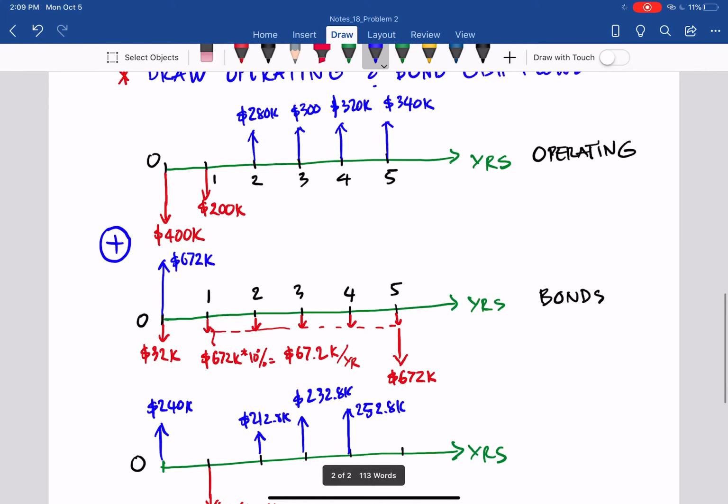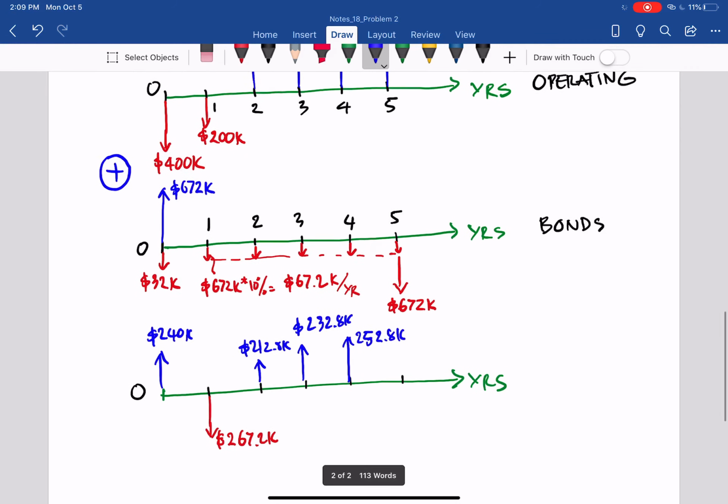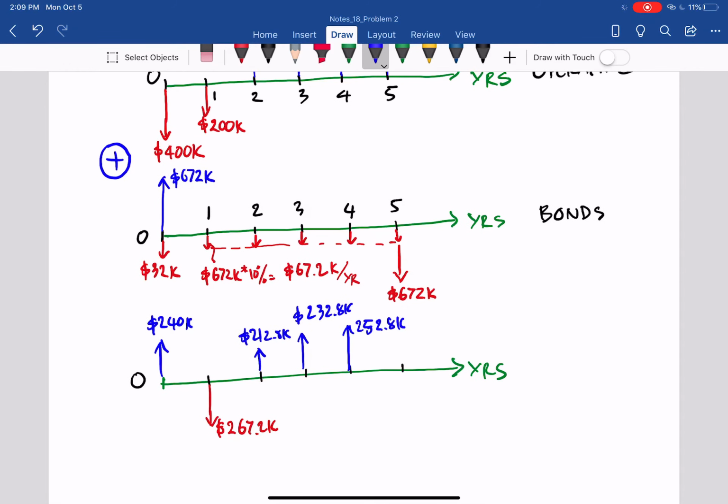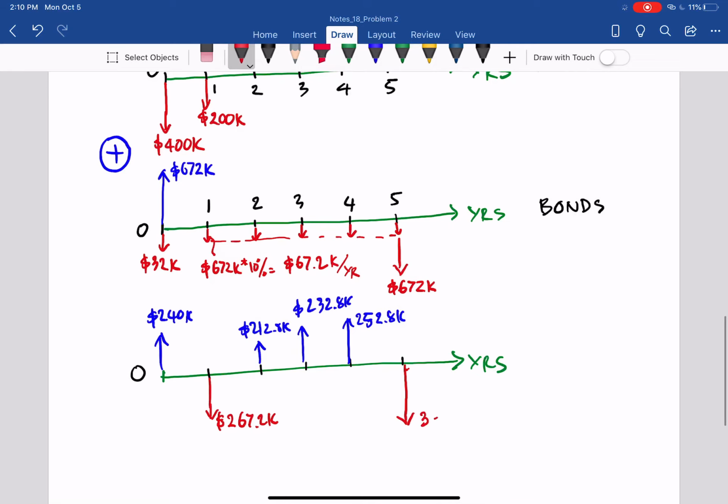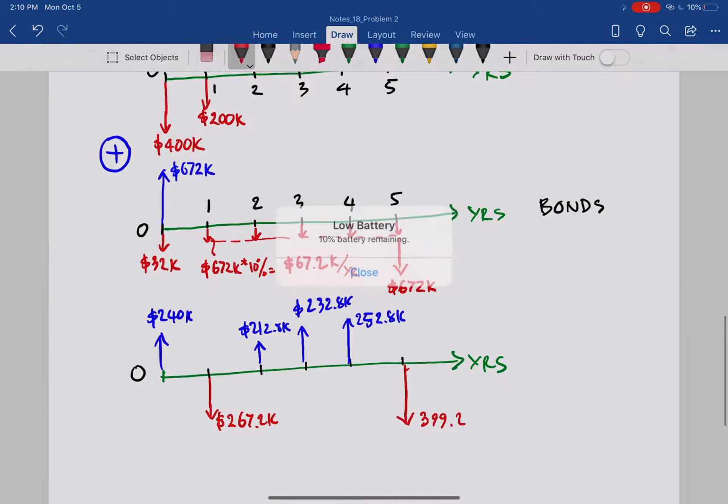And year 5 you have 340 positive minus 67.2 minus 672, so that is a big minus in here, and that is negative 399.2.